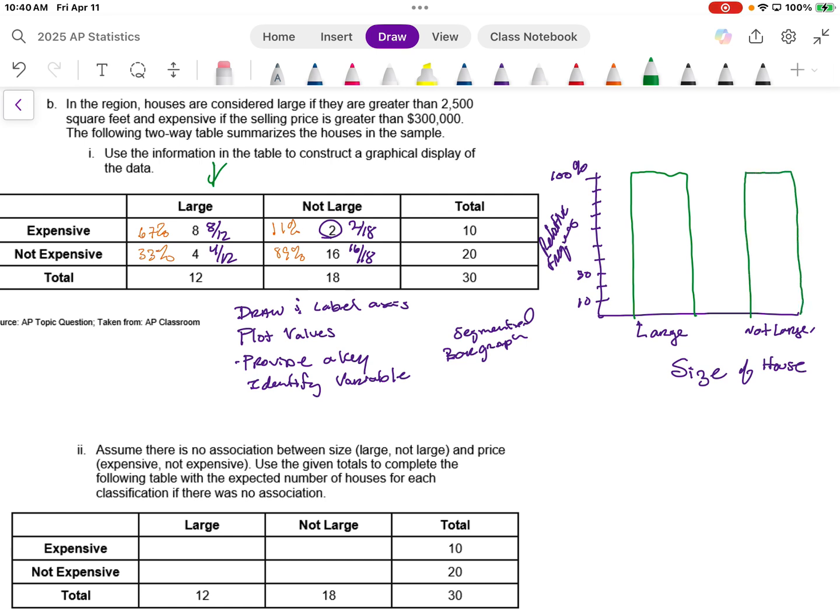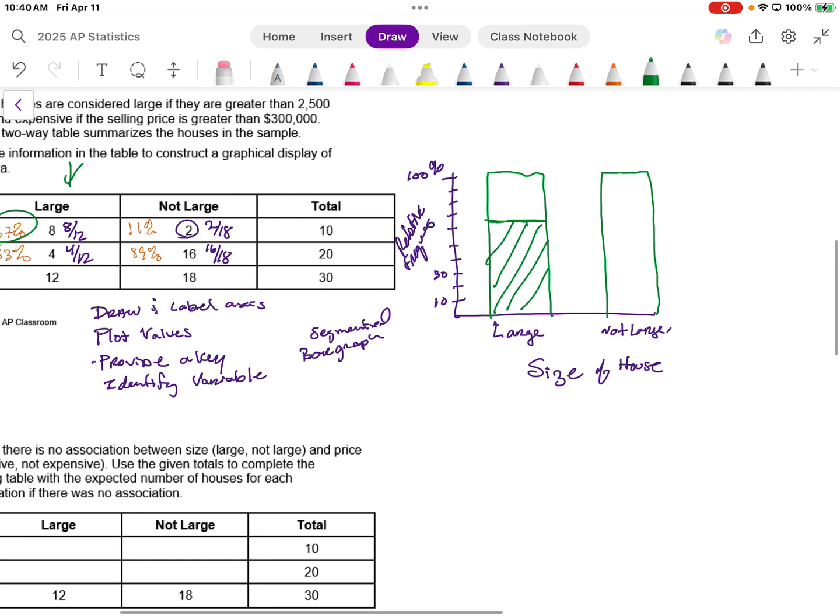Now, my first section, I'm going to do expensive first. For large, 67%. So 40, 50, 60, somewhere about here. This is what you're probably going to do on the test.